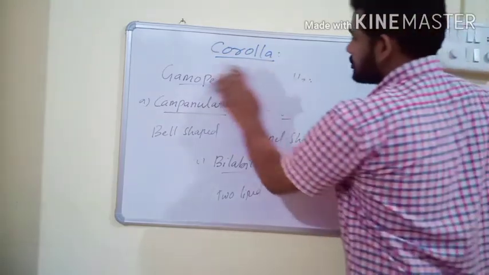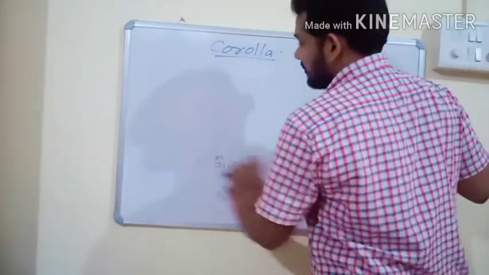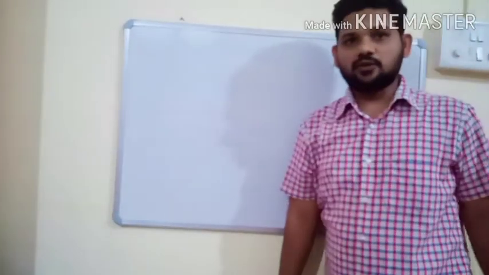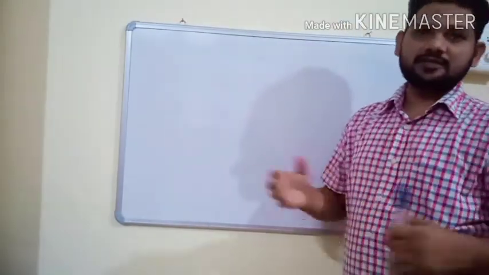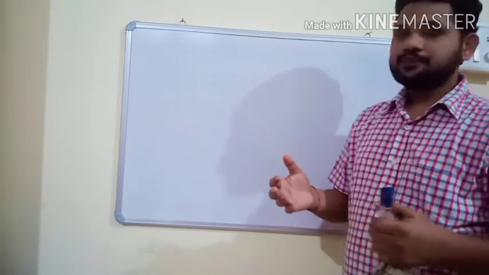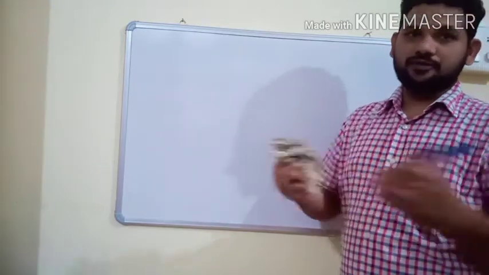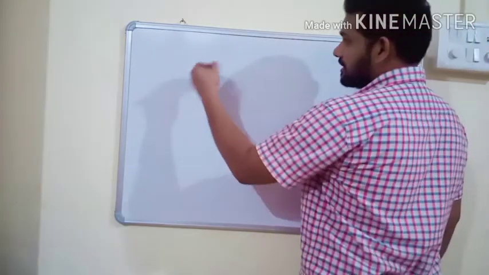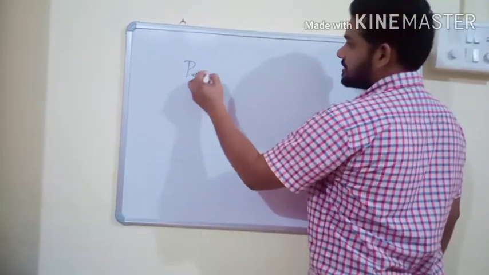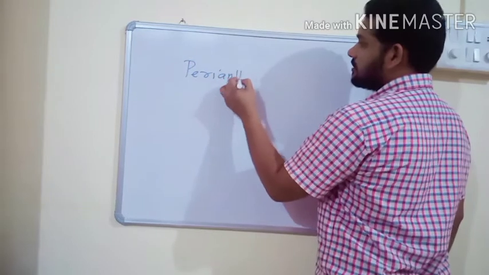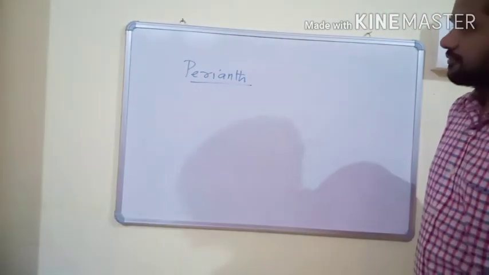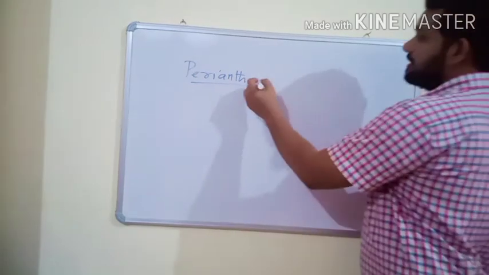In an angiospermic flower, the first floral organ is called calyx, and the second floral organ is called corolla. In some families or in some species, both calyx and corolla get fused. If they are fused to form a single organ, then this organ is called perianth.